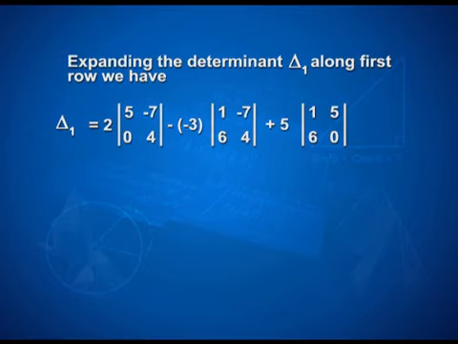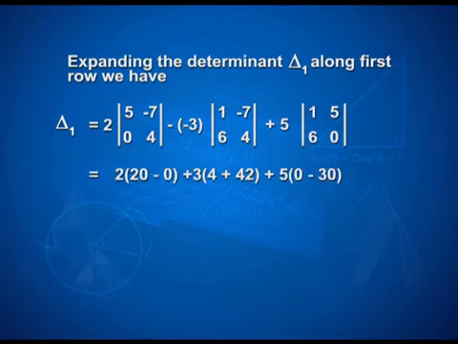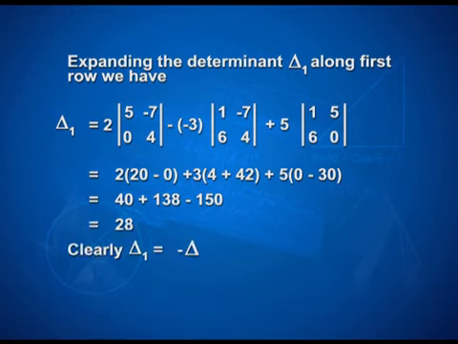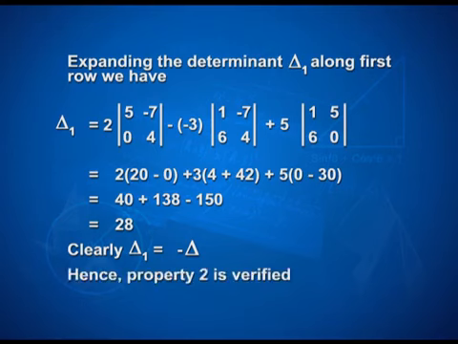On solving, we have 2 into 20 minus 0 plus 3 into 4 plus 42 plus 5 into 0 minus 30. On calculations, we get 40 plus 138 minus 150 is equal to 28. Clearly, determinant 1 is equal to the negative of the previous determinant. Hence, property 2 is verified.